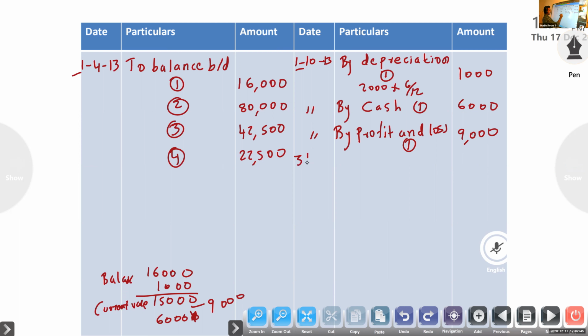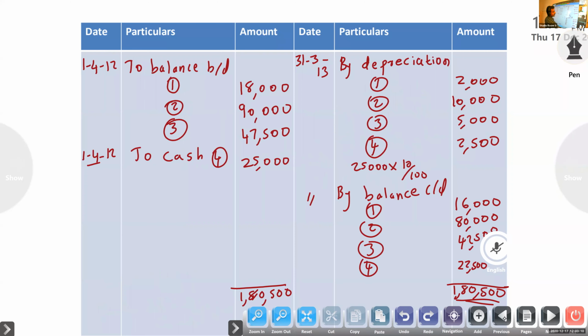Then 31st March 2014. Only 3 years we have to write. Last year, by depreciation: second one, 80,000, 10,000.